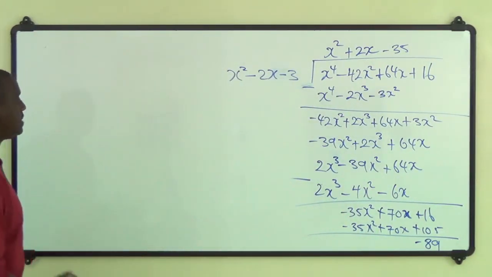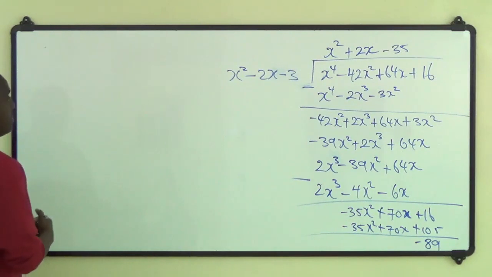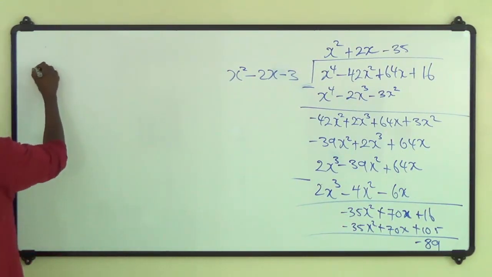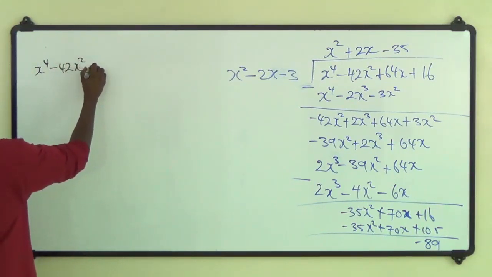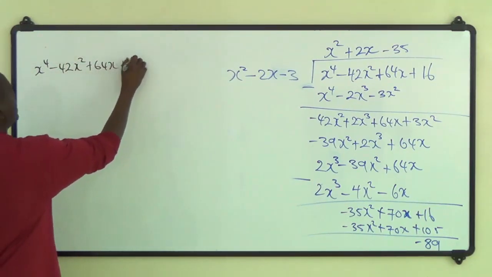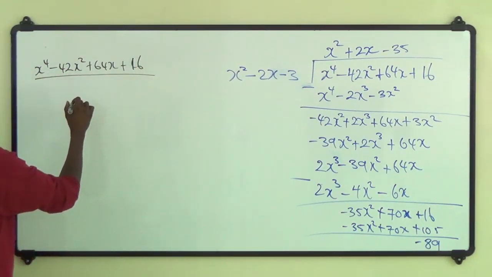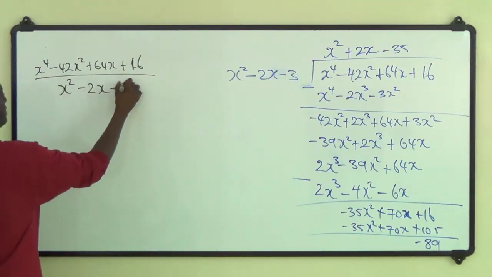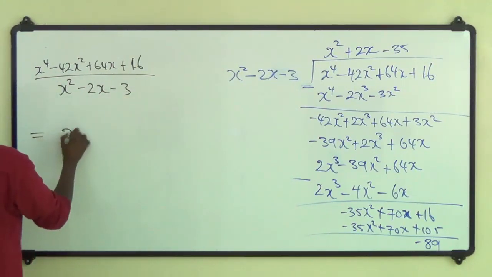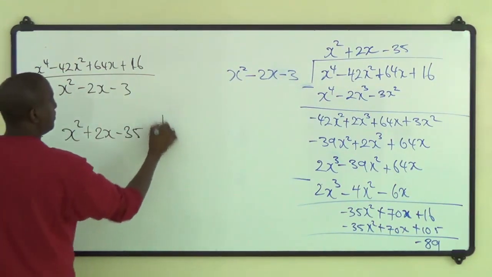Okay? So just as we did in the previous occasion, we're going to write out the completed version. So we could now say that x to the power of 4 minus 42x squared plus 64x plus 16 divided by, what are we dividing by? Right. X squared minus 2x minus 3 is equal to x squared plus 2x minus 35.